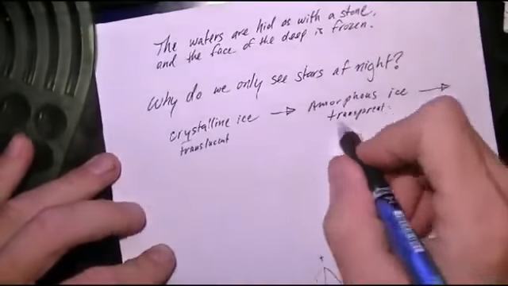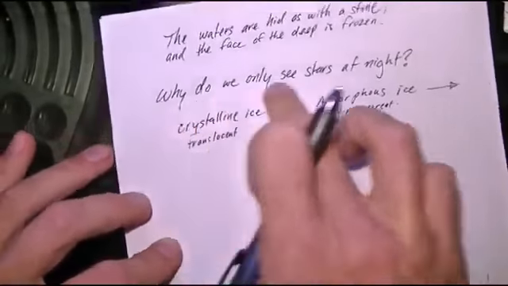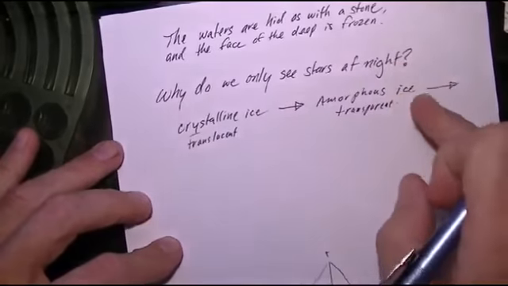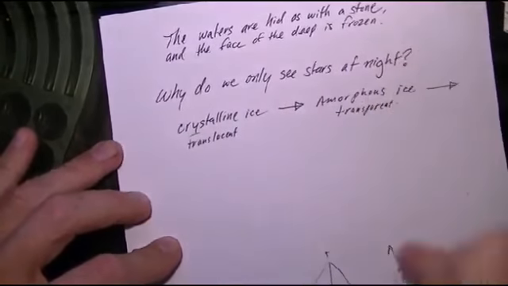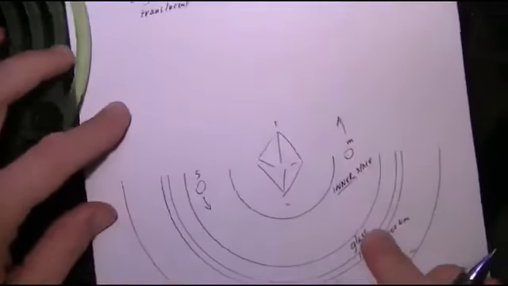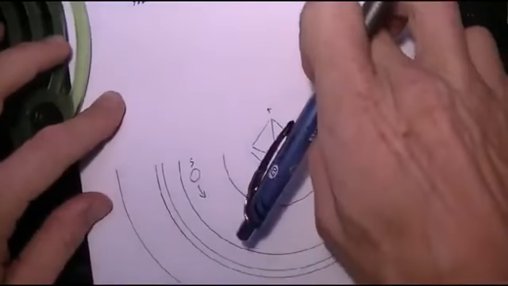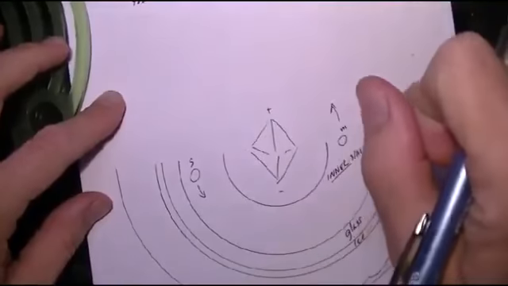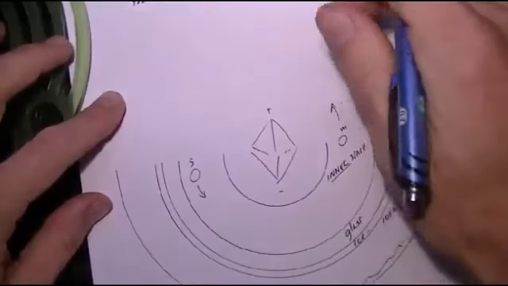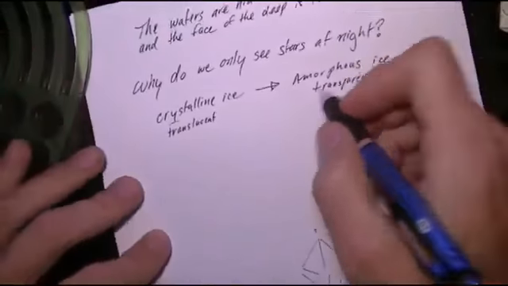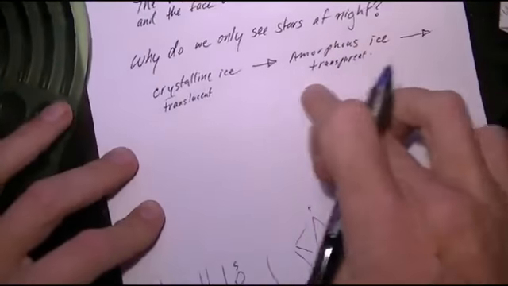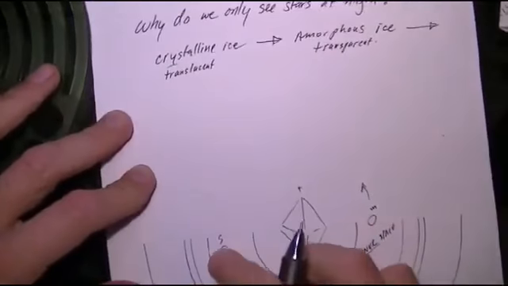So what I'm saying is that we only see the stars at nighttime, right? Therefore, the ice at the top of the glass sky is transparent, amorphous ice. Obviously it's a cooler temperature, and it's slowly cooling as the sun is moving away.